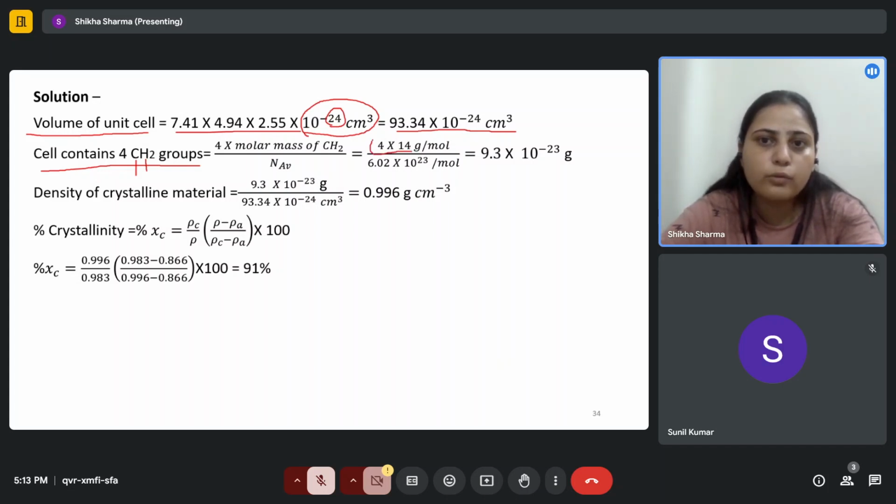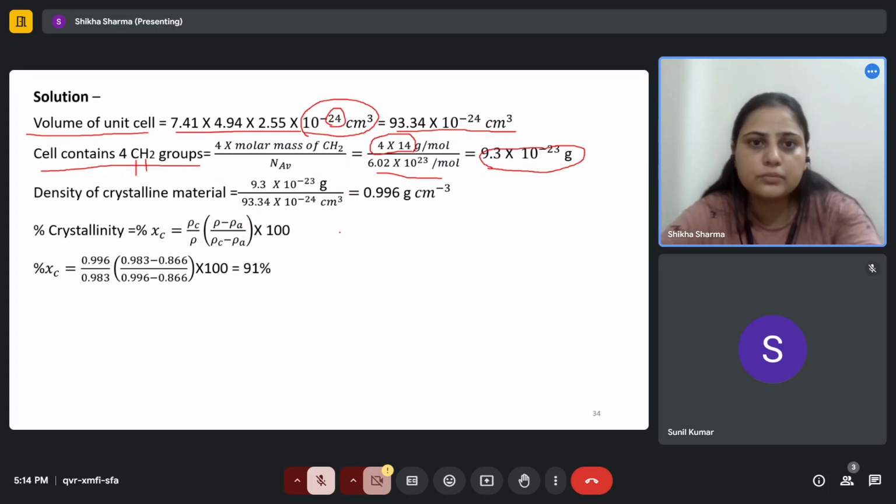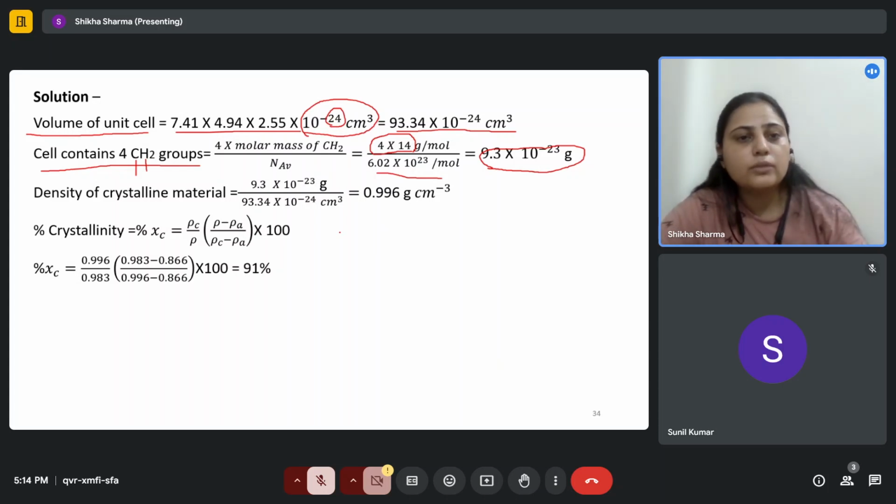So 14 into 4 is the molar mass of the 4 CH2 groups, divided by the Avogadro number, and we get 9.3 into 10 to the power minus 23 gram. Now one cell contains this many grams for the 4 CH2 groups.